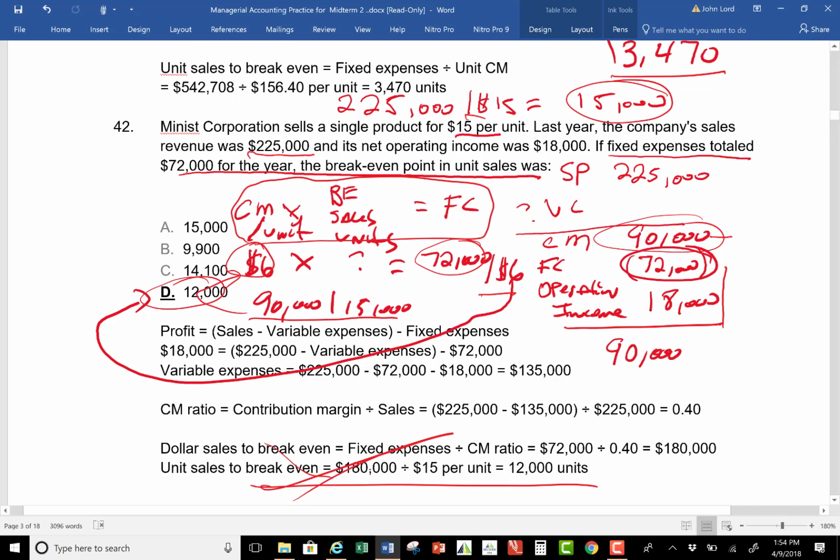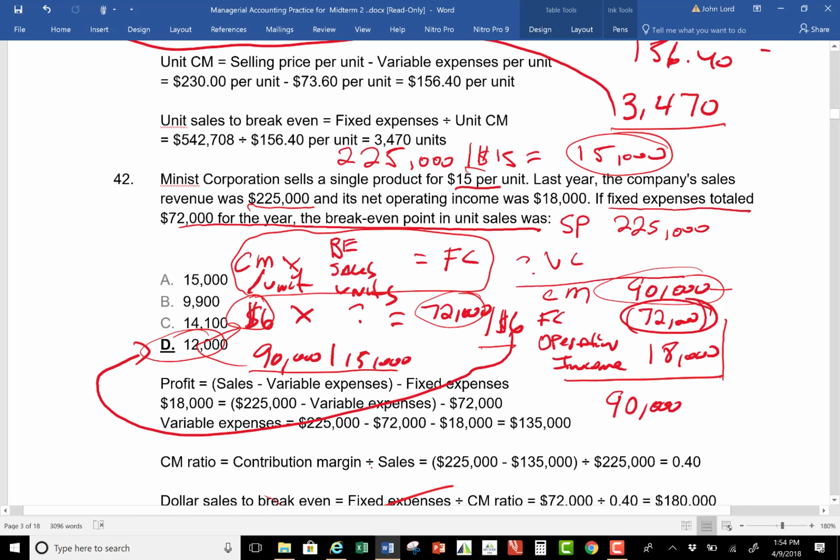Question? Is it 225,000 divided by? 225,000 is the sales. I take the sales price per unit. That gives me the units, right, of 15,000. I'm trying to get the number of units.